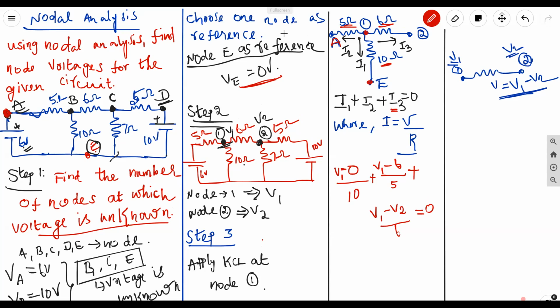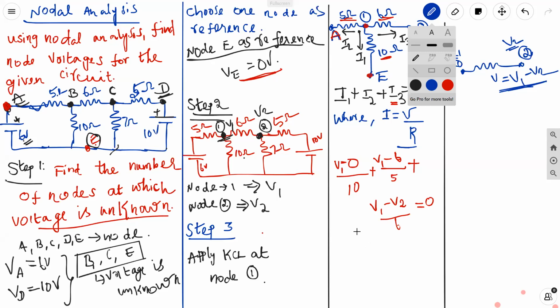Okay, done. Now I write each term separately. V1 by 10, then minus 0 by 10, which is 0 only, so I'm not going to consider that. Then the second term, V1 by 5 minus 6 by 5, plus V1 by 5 minus 6 by 5.